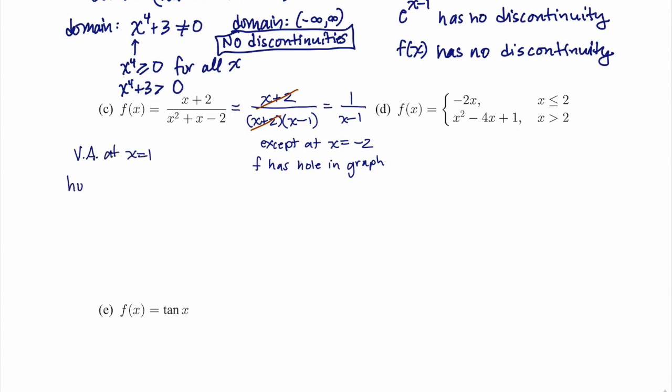and a hole in the graph at x equals negative 2. And those are the only discontinuities. So at x equals 1, we have an infinite discontinuity.